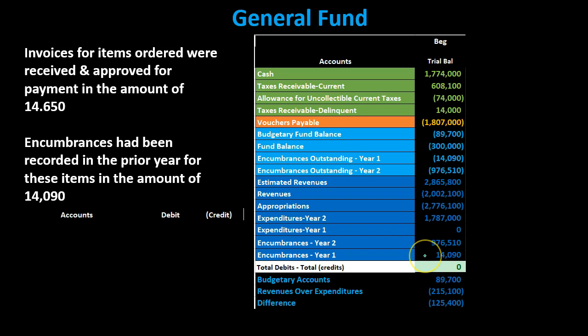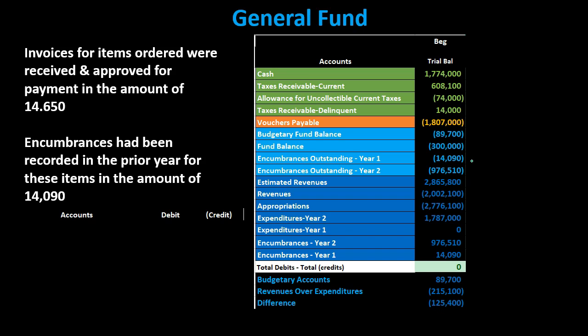and that's where that 14,090 was basically still hanging out in what we would think of as the income statement type of accounts, temporary accounts. It was still there and not 0 as we would expect it to be if it were to be closed out, and the related encumbrances for the prior year, year 1, equal and opposite in what would be basically the equity section from last year.